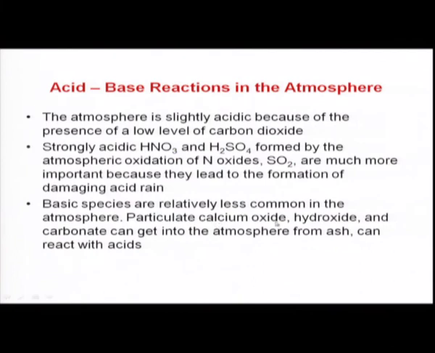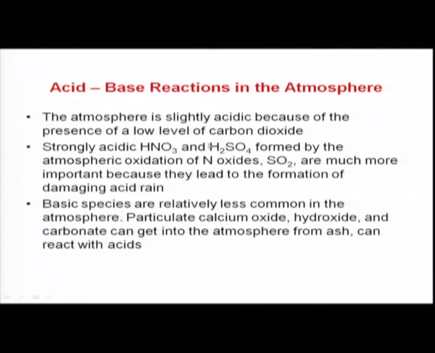They release these oxides and hydroxides. They are normally basic in nature, and this is one of the issues, that fly ash can react with acids like sulfuric acid or nitric acid.